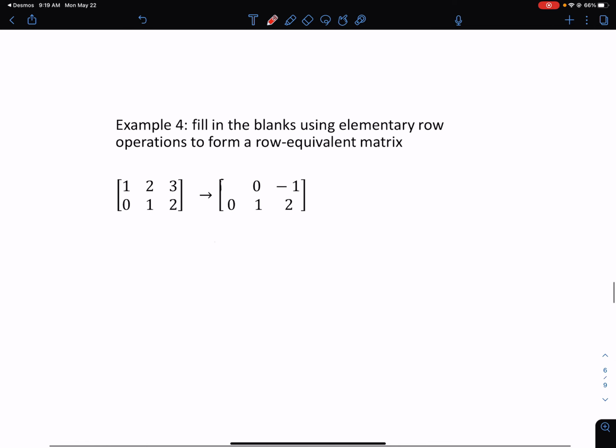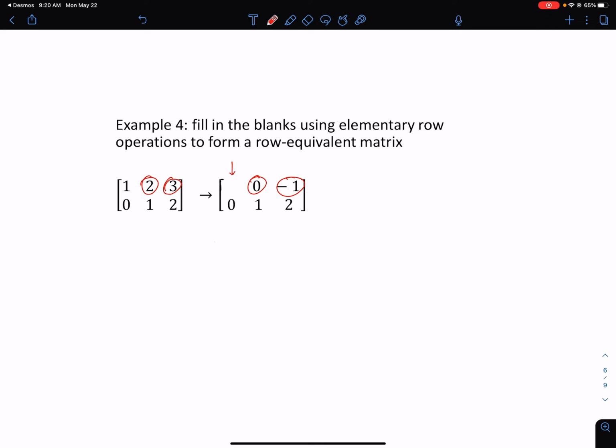So now this is a fill in the blanks using elementary row operations to form a row equivalent matrix. There's something missing here, so you're trying to figure out what we did to come up with this new row. Where this 2 became a 0, this 3 became a -1, how could we have gotten that?